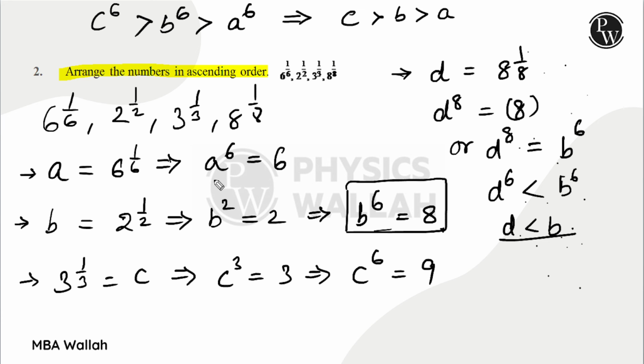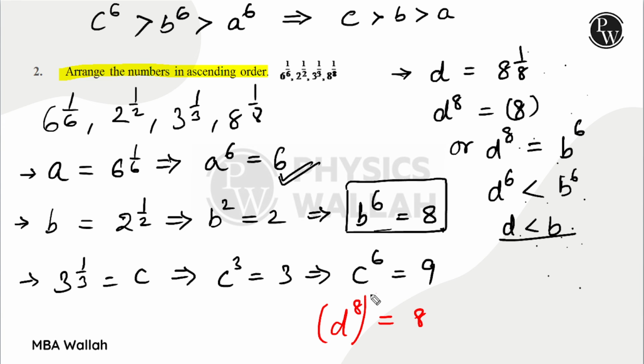So a raised to the power 6 is 6. Okay, now how can I compare the value to a? चलिए करते हैं इसको एक बार. d raised to the power 8 is equal to 8. अगर मैं इसको to the power 6 कर दूं, नहीं, then it will become a huge number.